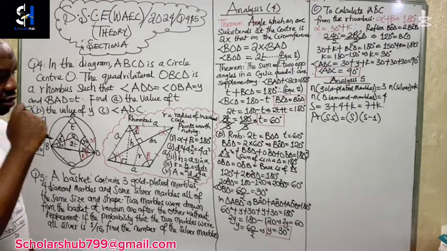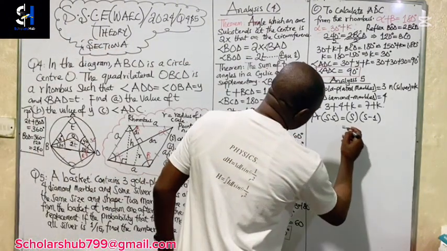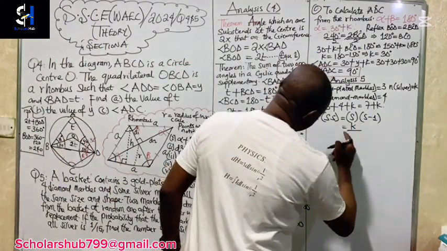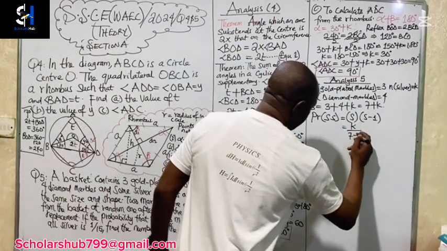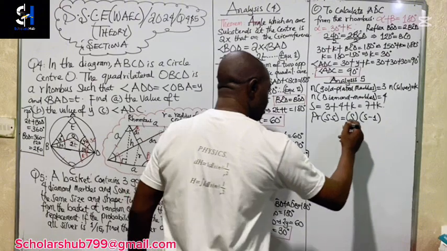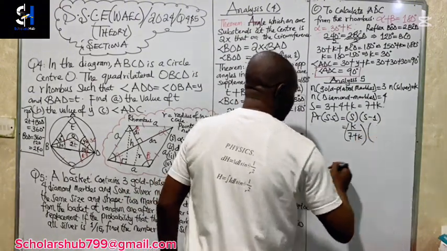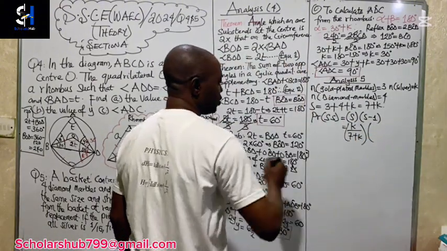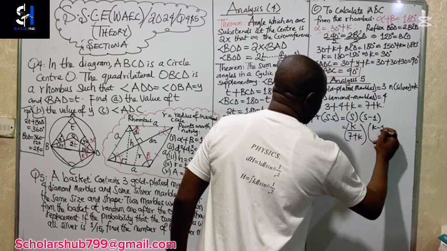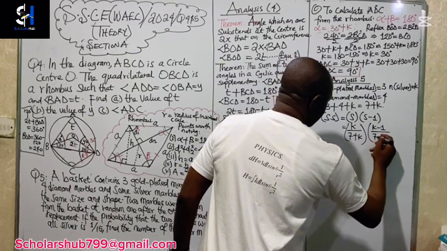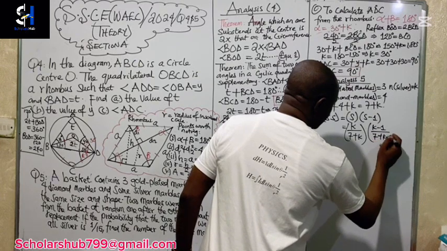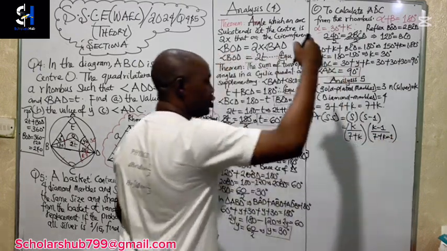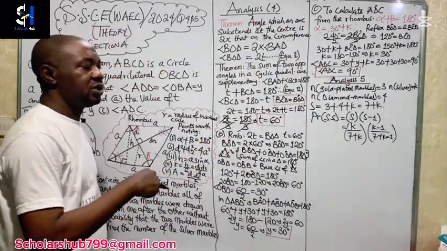That's what it means. So the probability of it being silver during the first draw is K over 7 plus K. In the second draw, it will be K minus 1 over 7 plus K minus 1. So we decrease the numerator by 1, and also decrease the denominator by 1.